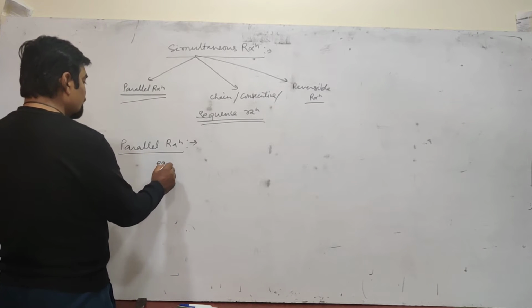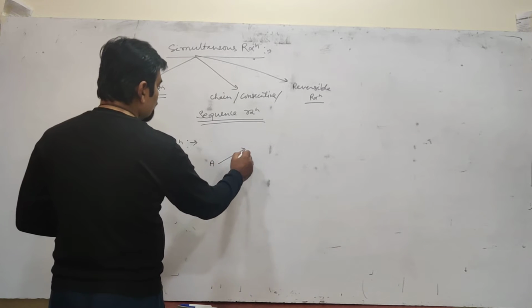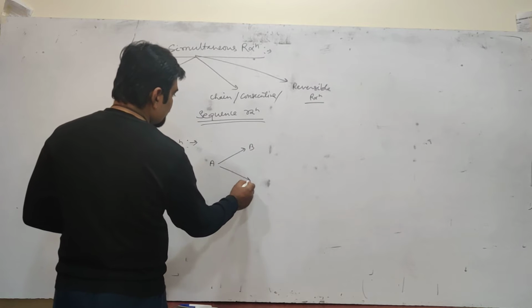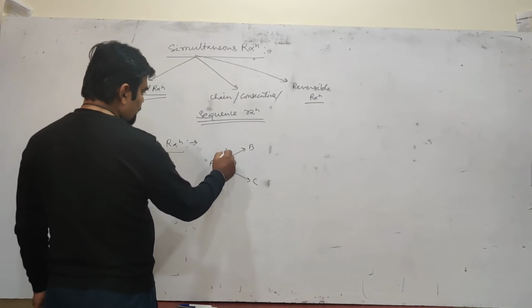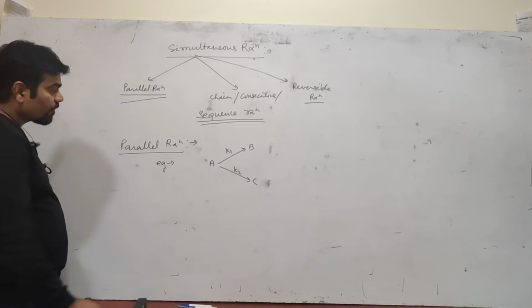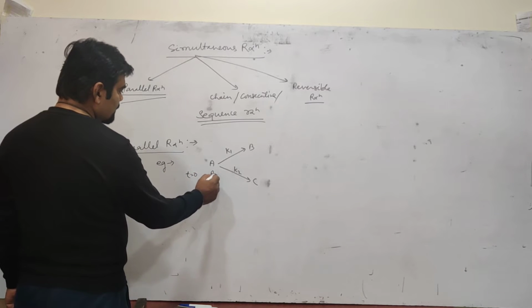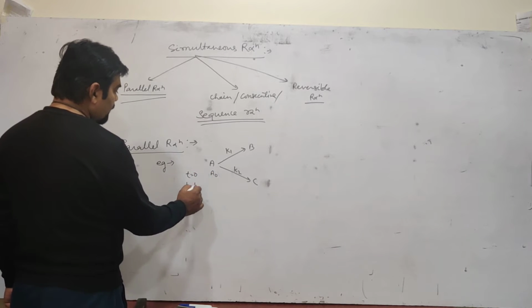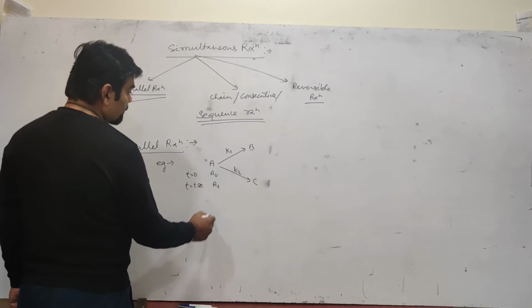For example, we have many parallel reactions. Let's say A decomposes to B and also decomposes to C. When it decomposes to B, the rate constant is K1, and for C the rate constant is K2. Let's say at time t equals 0, the initial concentration was A0, and after time t, the concentration is At.